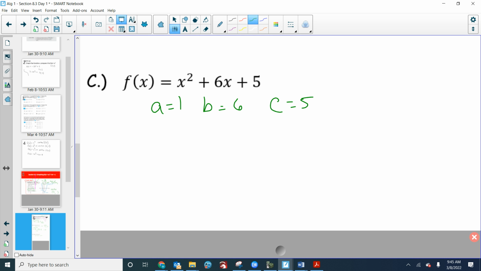All right, line of symmetry or axis of symmetry. Sometimes it's called line of symmetry too. Let's see, x equals negative b over 2 times a.